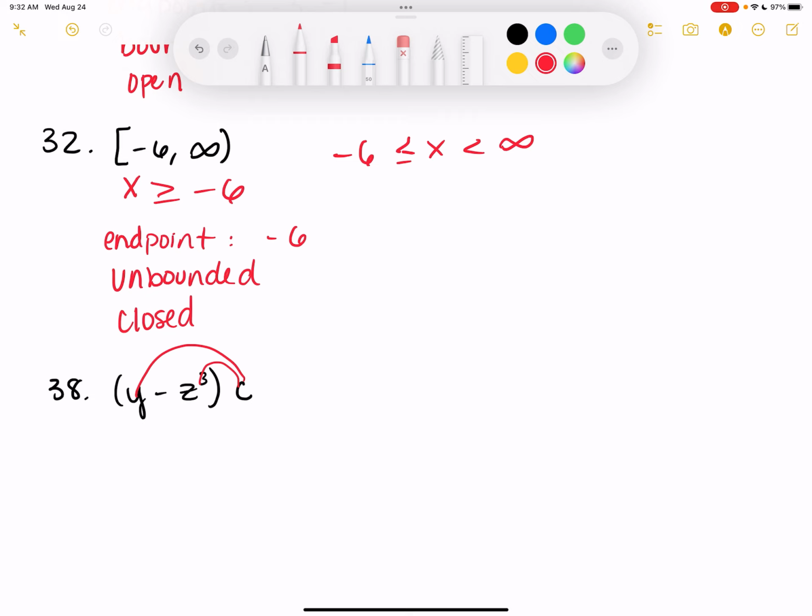That's what my teacher always said, to help you remember what to do when you're supposed to distribute. So we're just distributing: cy minus cz cubed, or z cubed c.